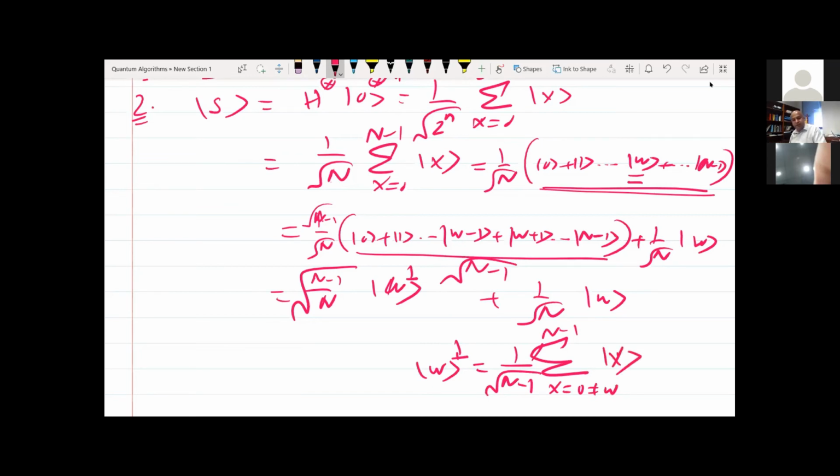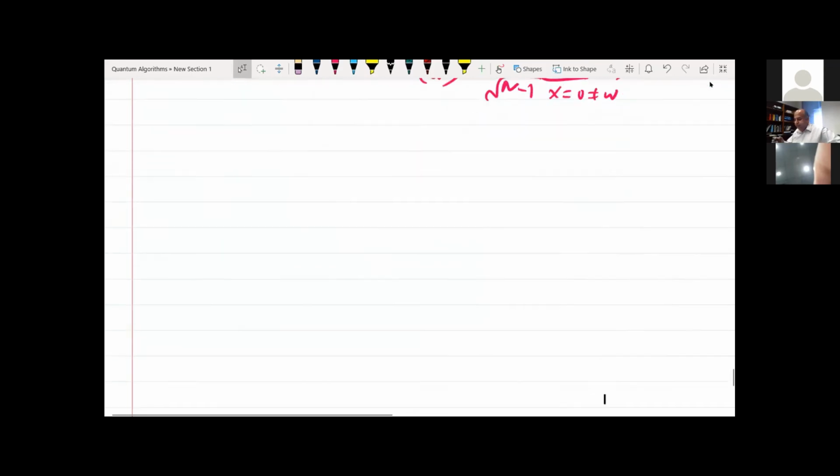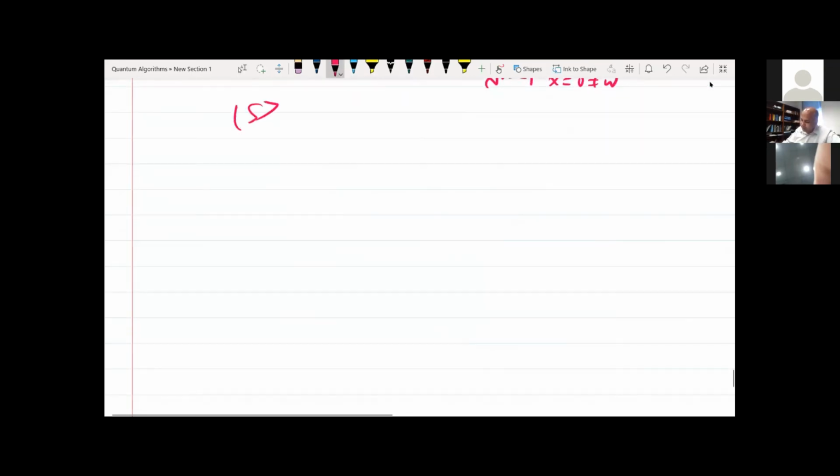So this is my superposition state S after the first Hadamard. I have square root of n minus 1 over n times W perpendicular plus 1 over square root of n times W. And since it's a normalized state, if you take the square of this and the square of this, the sum is 1.